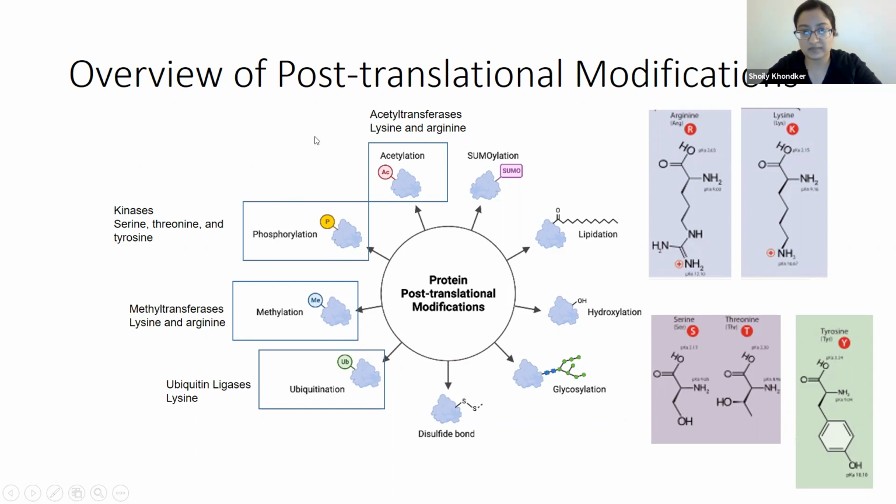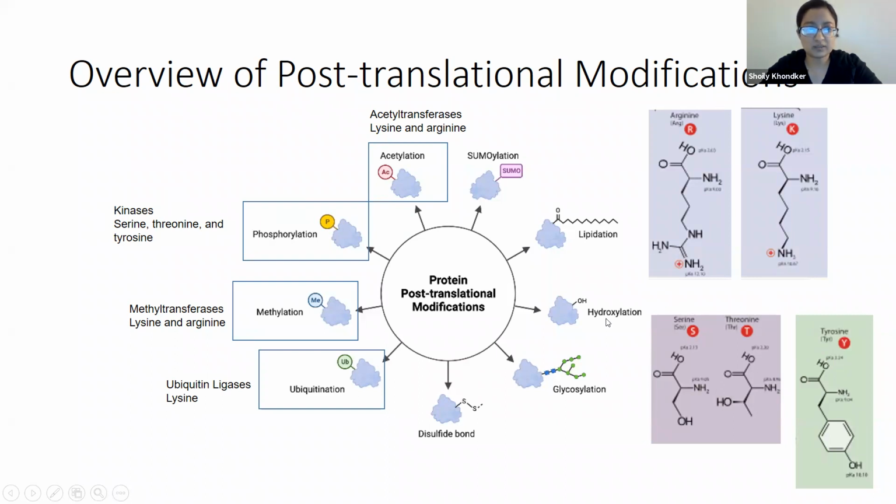Both of these specifically target lysine and arginine residues, which you may remember are both positively charged residues. Phosphorylation is carried out by kinases, and the residues that are targeted are serine, threonine, and tyrosine residues. Serine and threonine are both polar uncharged amino acids. Tyrosine is a hydrophobic amino acid.